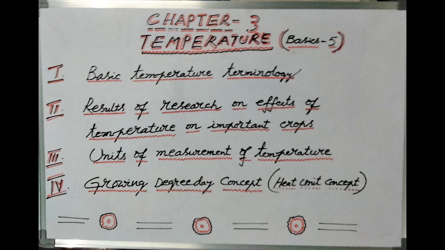Now, what is thermal capacity? It is also known as heat capacity. The quantity of heat in joules necessary to raise the temperature of a cubic centimeter of a body or a system through 1 degree Kelvin is known as thermal capacity or heat capacity.